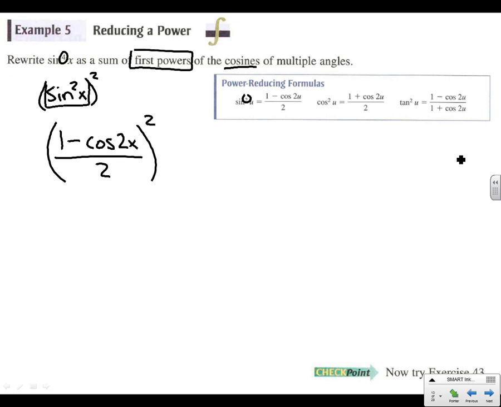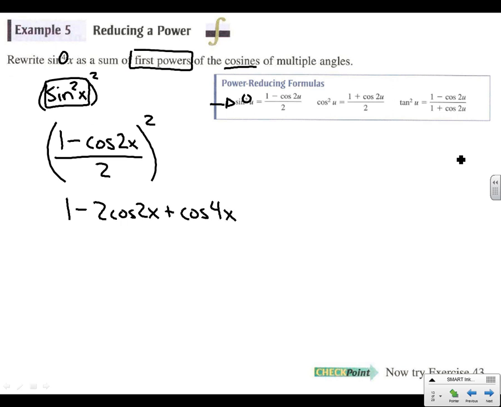So we just took this and replaced it in with our formula. Now we have to square it. So 1 minus 2 cos 2x plus cosine 2x squared.